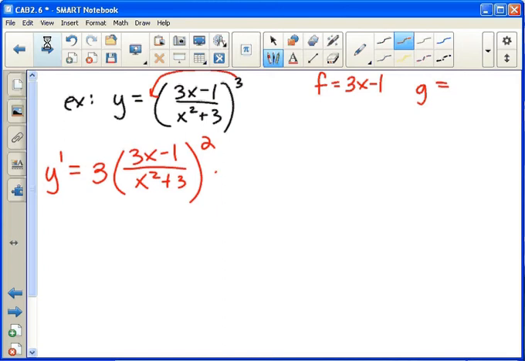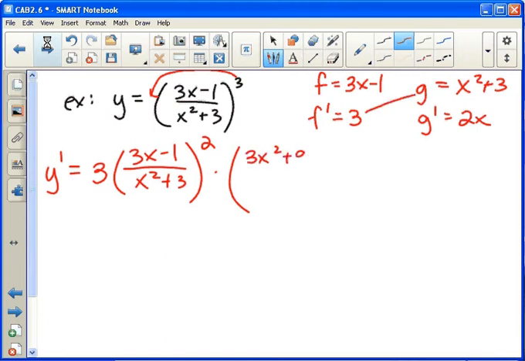So f prime equals 3, and g prime equals 2x. So we get f prime times g. I'm going to go and distribute this 3 and get 3x squared plus 9. Actually, I don't want to confuse anybody. Let's just do 3 times x squared plus 3. F prime times g minus f times g prime, all divided by g squared.